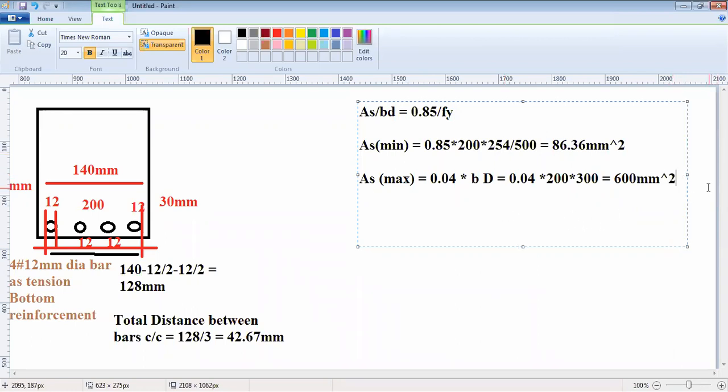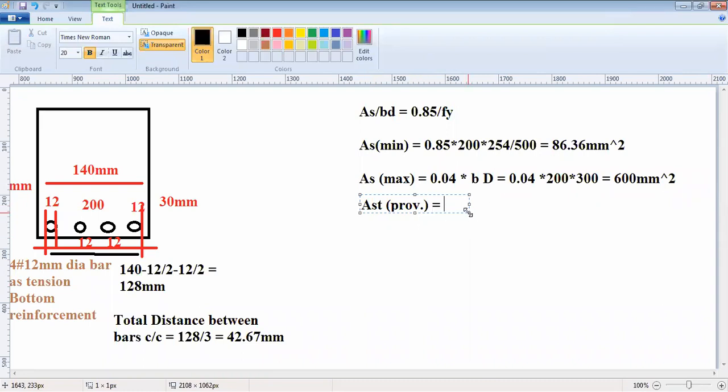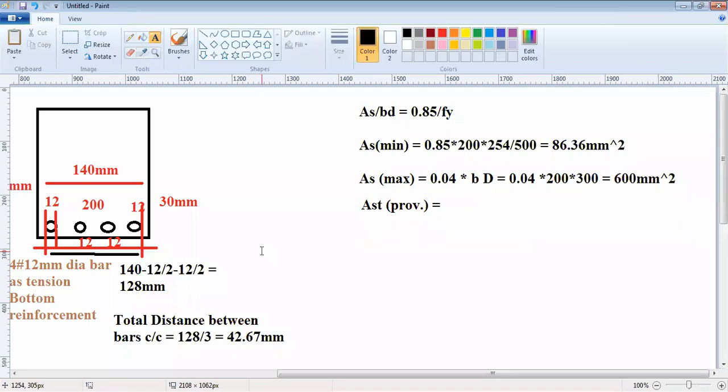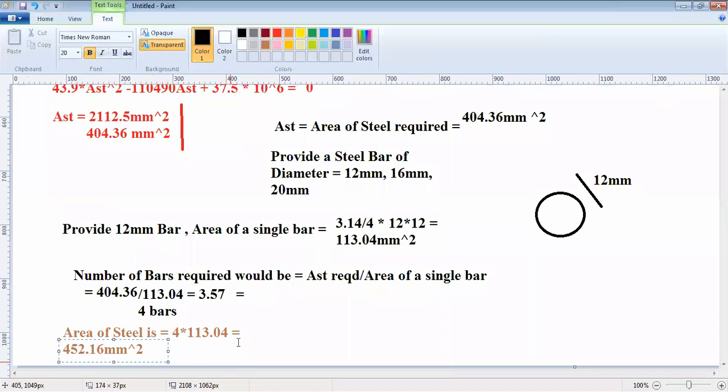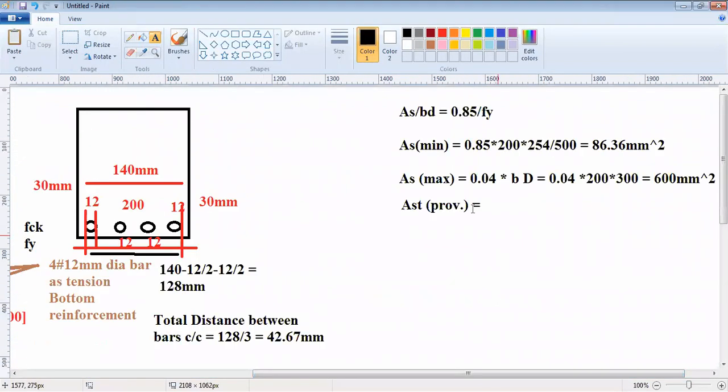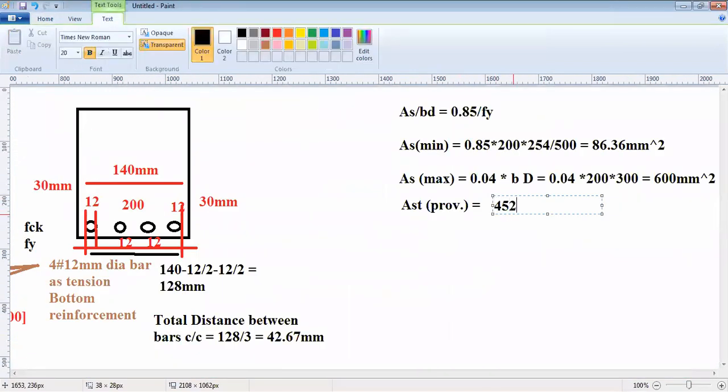Okay. So how much have we provided? हमने area of steel कितना दिया? Area of steel, how much did we provide? आप चेक करो, हमने 4 बार्स दिए, तो 452.16. For your steel, we provided 452.16 mm square.